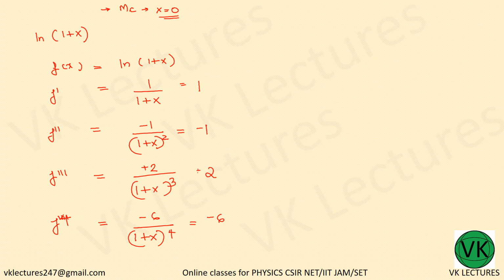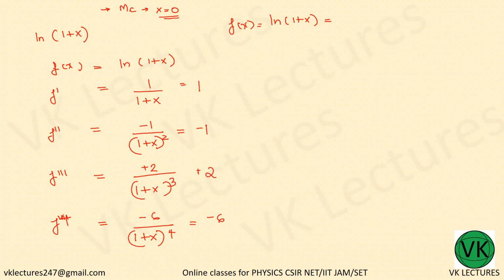This is 2 only, plus 2. So let us write the function f of x. f of x is equal to log 1 plus x. What is the function f of 0? That is log 1, that is 0.